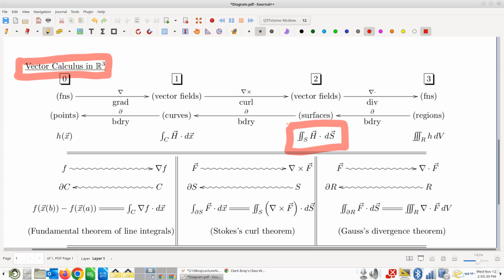By the way, you may start to be noticing it's tracking how we did line integrals. First we defined a scalar line integral, and then eventually a vector line integral. We're going to do the same thing here. Well, the way we made sense out of scalar line integrals was to parameterize curves and do a pullback through the parameterization. We're going to do the same thing here now.